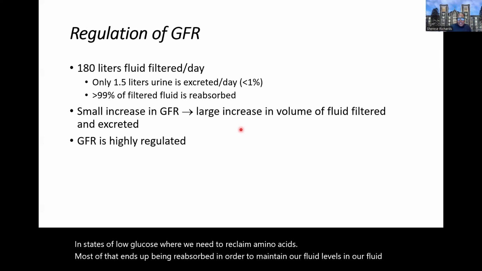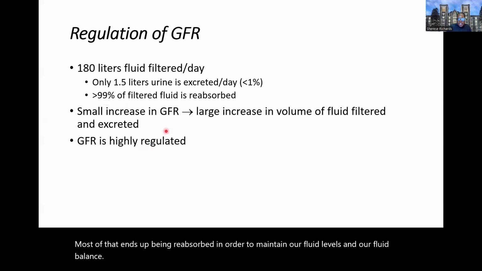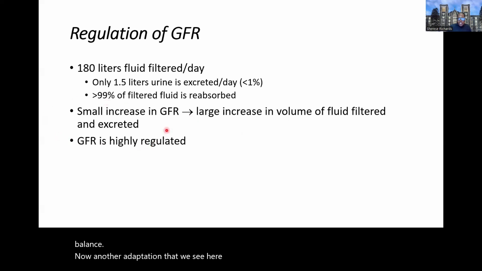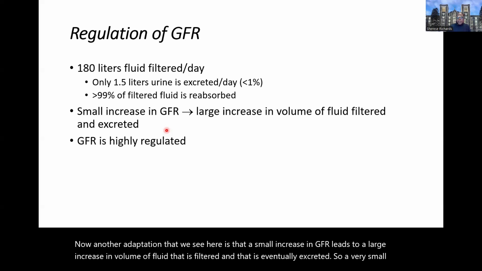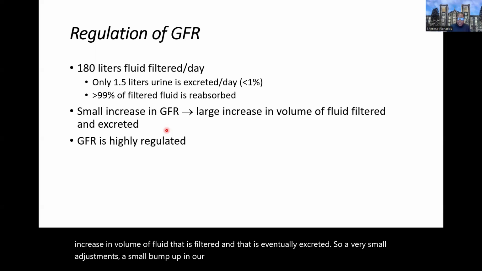Now, another adaptation that we see here is that a small increase in GFR leads to a large increase in volume of fluid that is filtered and that is eventually excreted. So a very small adjustment, a small bump up in our GFR, results in a very large volume filtration rate.